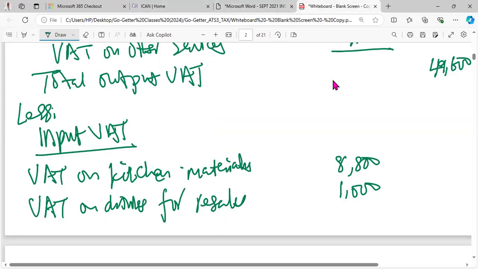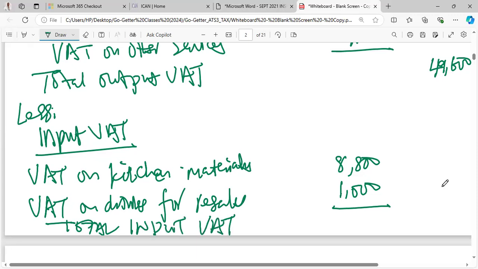No. So the total input VAT will be 9,800.